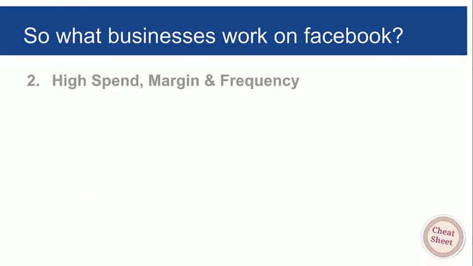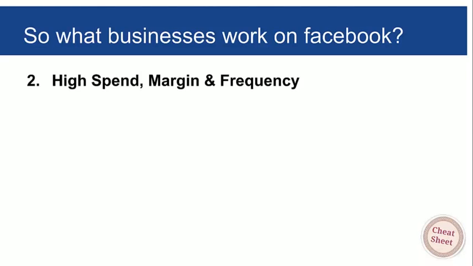So, criterion number 2. We want to be looking for a certain kind of pattern of spend. Now, ideally, we want businesses where there's a high frequency of interaction, where people can go down and they can spend on at least a monthly basis, preferably on a weekly basis.